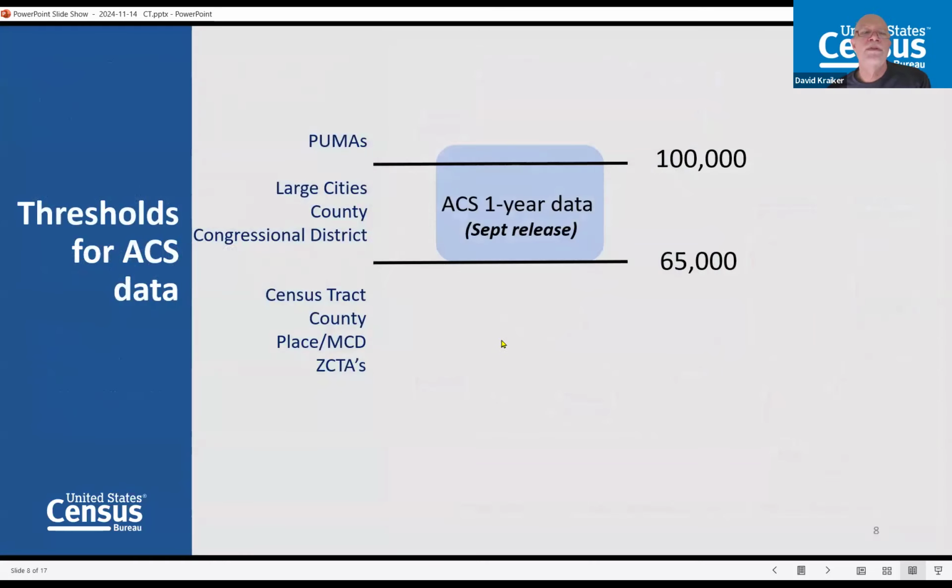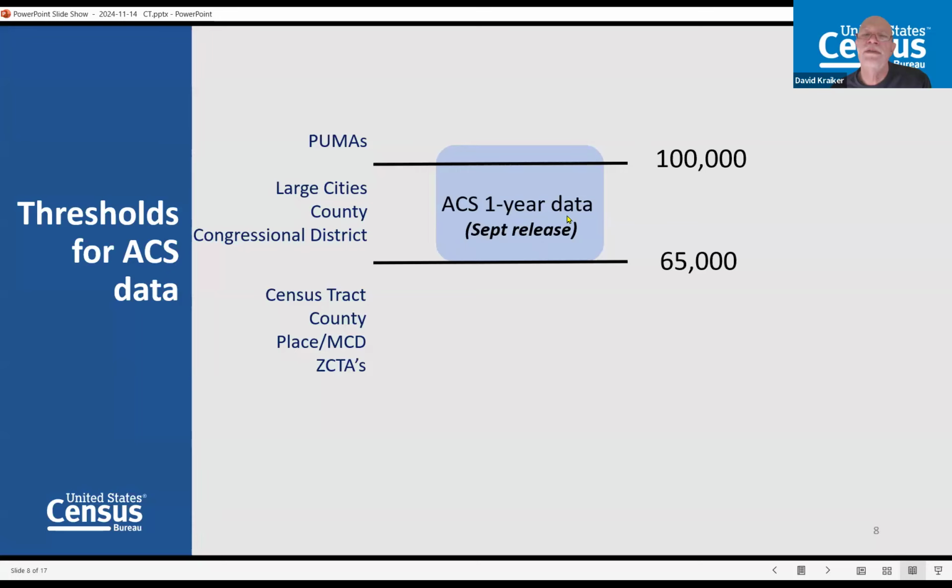All right, this is probably the most important slide. 65,000 is the magic population number. If you have a town or a city that has more than 65,000 in population, whether it's a city or a county or congressional district, you can get data every year in September.